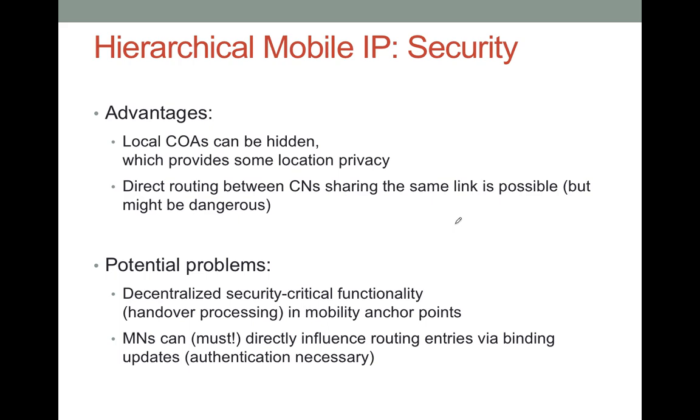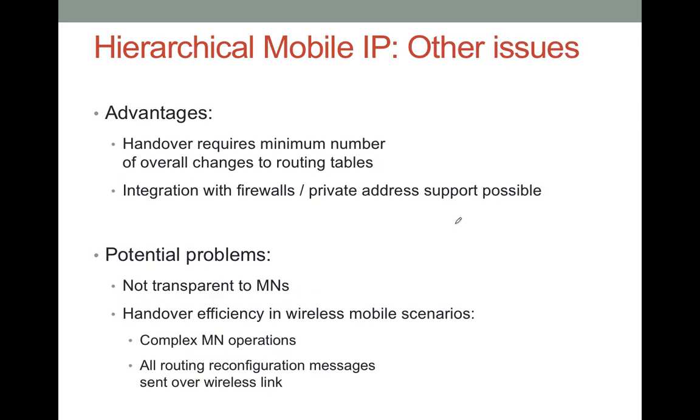The potential problem is decentralized security critical functionality, especially during handover processing in the mobility anchor points, in the MAP. So the mobile node can or must directly influence routing entries via binding updates. Right. Another advantage of HMIP is that handover requires a minimum number of overall changes to the routing table.